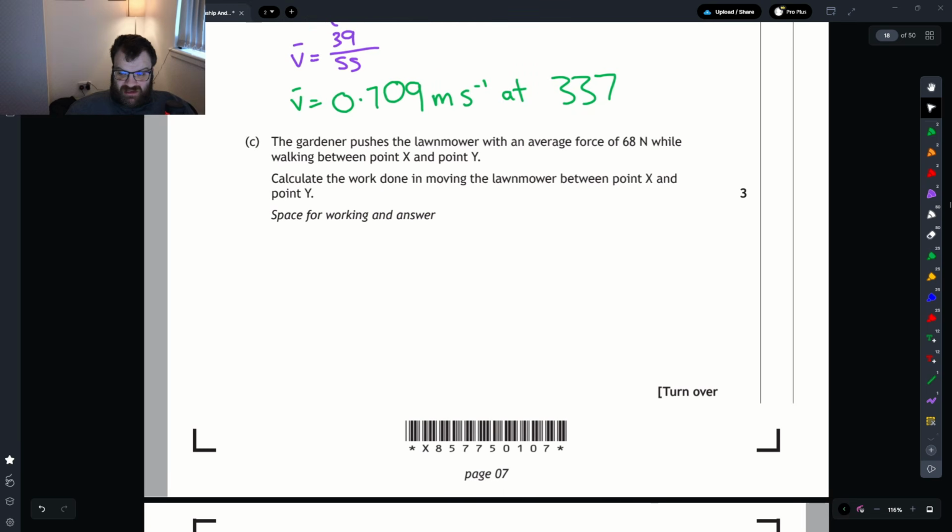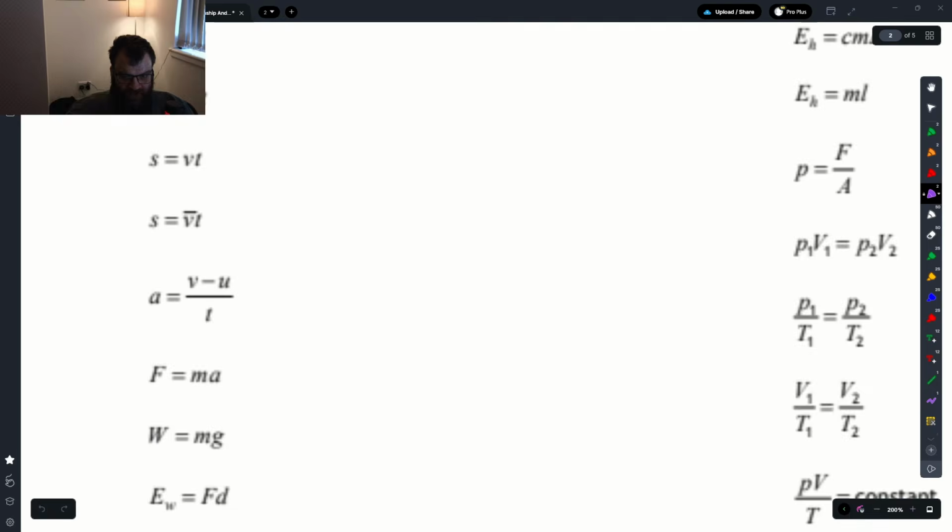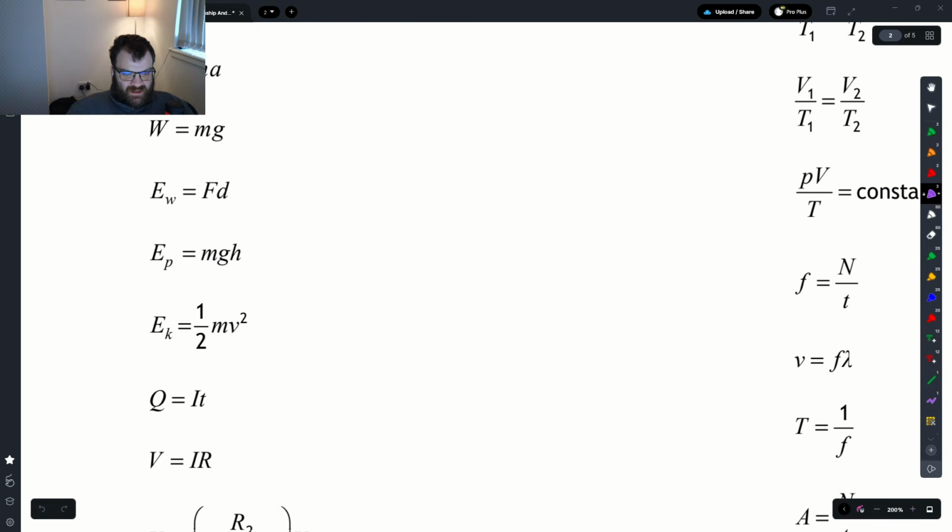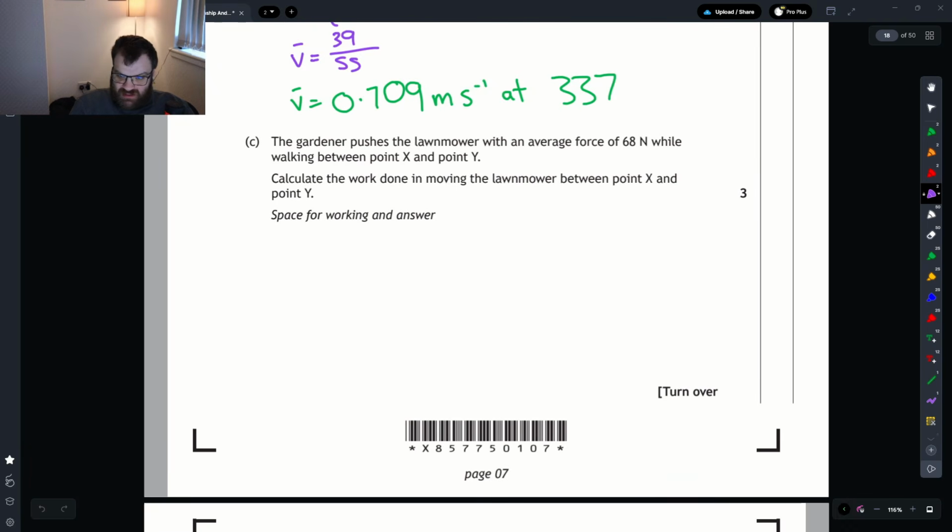Next one, we're asked about average force work done. That is EW, which is FD. So work done equals the force times the distance.